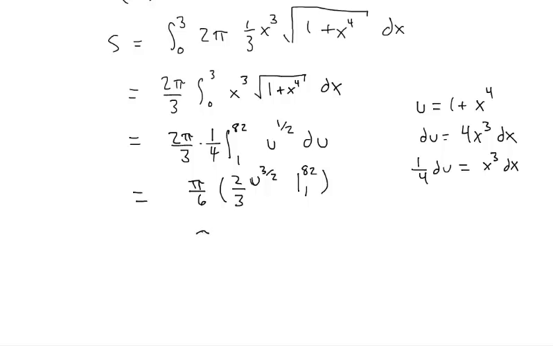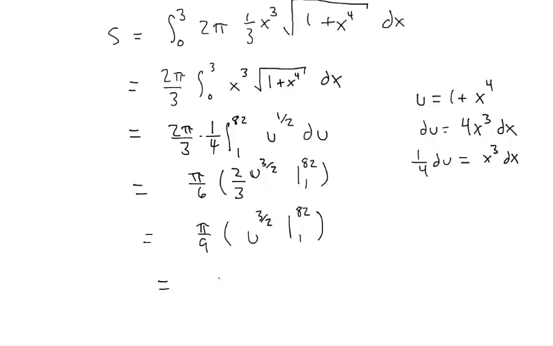So I have pi over 9 times u to the 3/2 evaluated from 1 to 82. And when I plug this in, I'm going to have pi over 9, 82 to the 3/2 minus 1 to the 3/2, which is just 1. So my answer is going to be pi over 9 times 82 to the 3/2 minus 1.